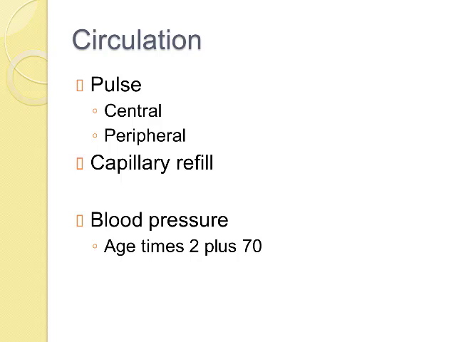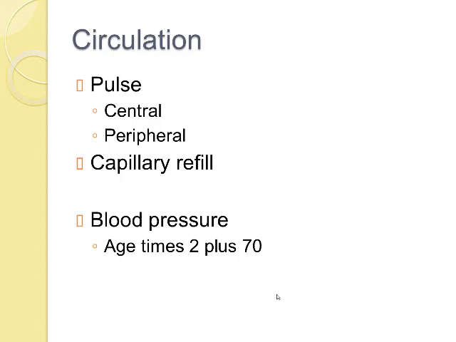If we're talking about infants, the 1 month to 1 year age group, they should have a systolic blood pressure better than 70. For children aged 1 year to 10 years, we use this formula: age times 2 plus 70. Let's keep it simple: a 5-year-old, 5 times 2 is 10, plus 70 is 80.